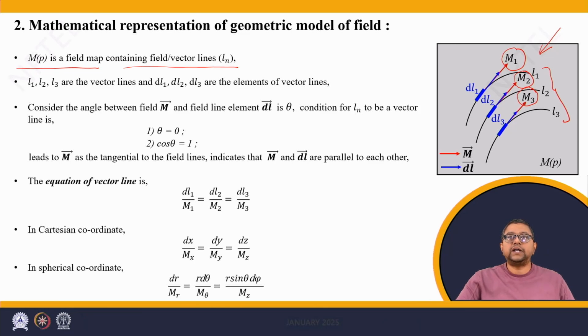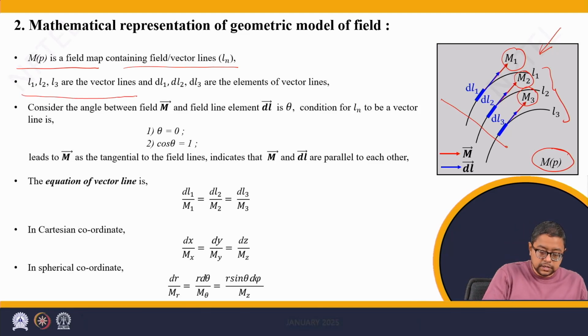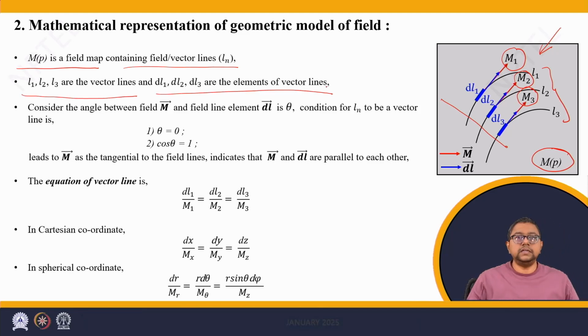Along these vector lines, we consider a small line element, denoted by dL1, dL2 and dL3. Overall, this consists of the field map. Thus, L1, L2, L3 are vector lines, and dL1, dL2, dL3 are the elements of these vector lines.